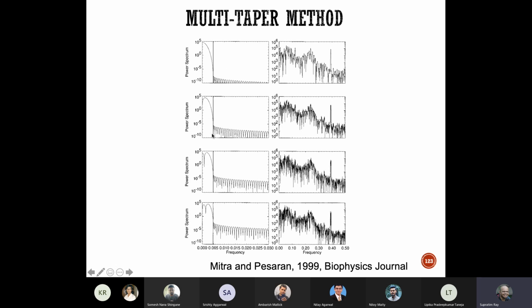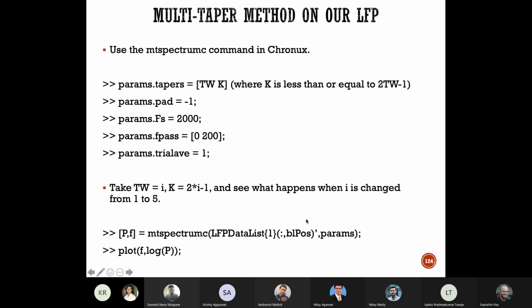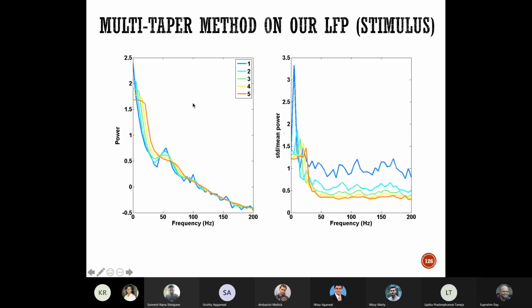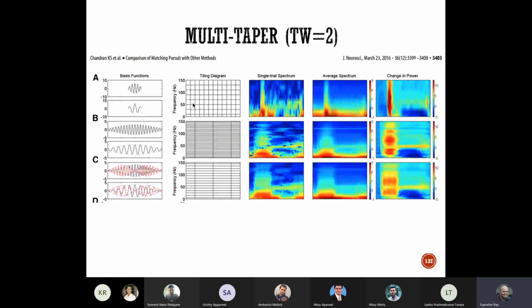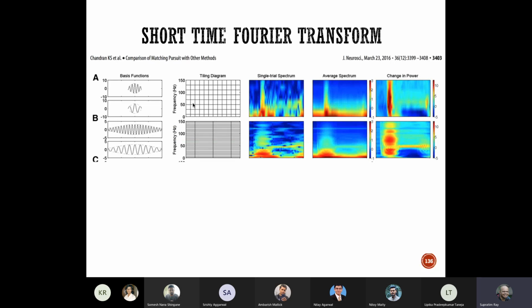So this is the first taper, second, third, and fourth. And then you essentially take an average response of all of these spectra to get your multi-taper spectrum, right? This is the padding option. -1 means don't pad. So in this framework, how is multi-taper method fitting in?